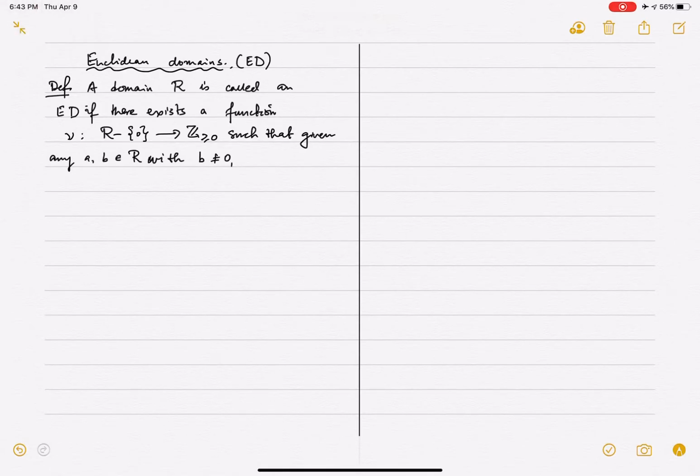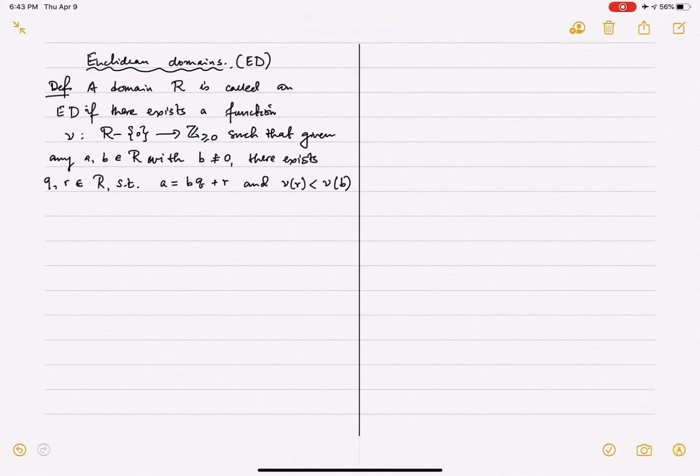so let's write what we get. Given any a and b in R with b non-zero, you can divide a by b and get a quotient and a remainder. You can write a equals b times q plus r for some q and r. So there exists q and r in R such that a is bq plus r, and either r is 0 or its size is less than the size of the thing that you divided by.